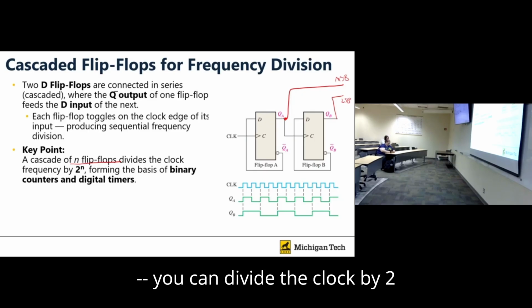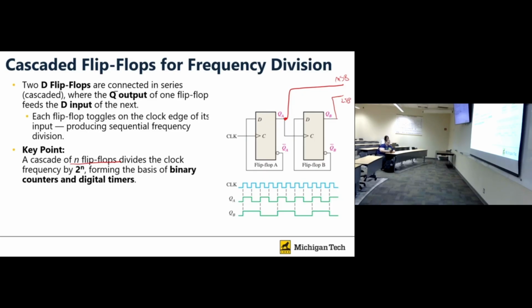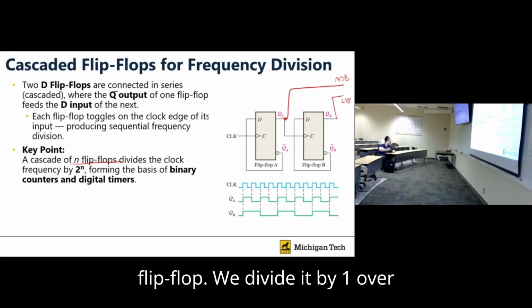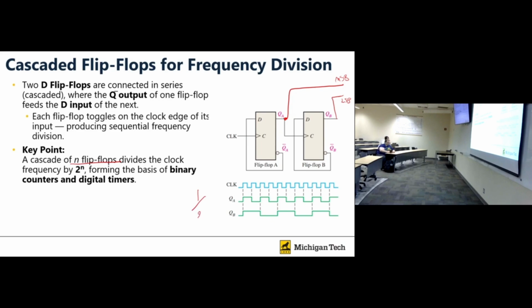You can divide the clock by 2 power n. Like here, for example, we have 2 flip-flops. We divided by 1 over 2 power 2, which is 1 over 4. This is 1 over 2, and this is 1 over 4.